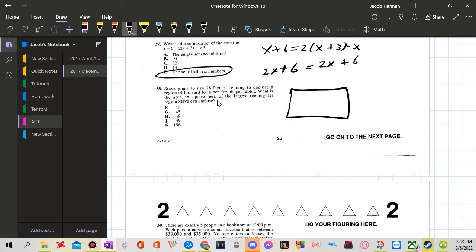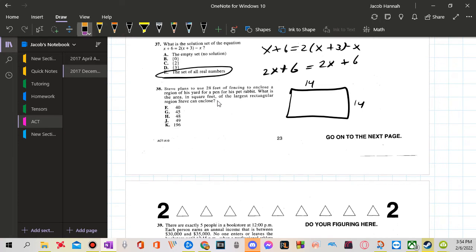So what is the largest that he can make of this? So if he does 14 for each side, you split that in half and multiply it by each side. So this is the area in square feet.